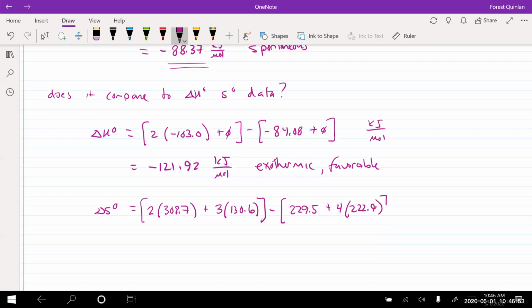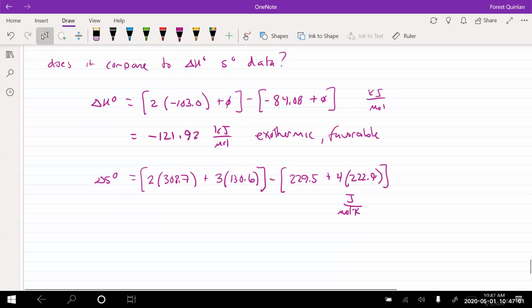And remember, this is in joules per mole Kelvin. If you do this, you get negative 111.9 joules per mole Kelvin.